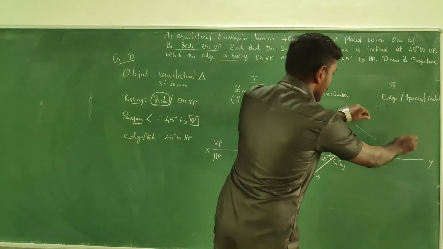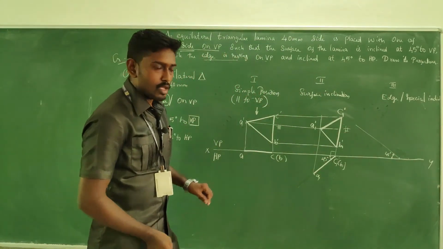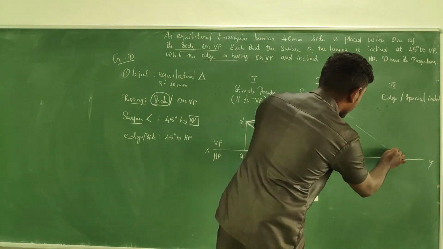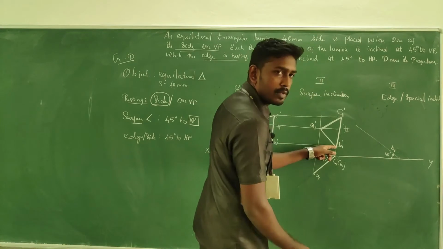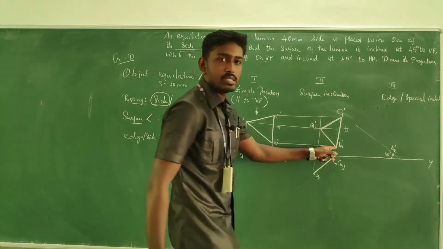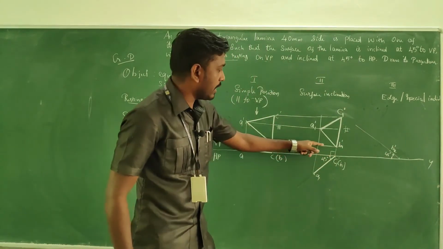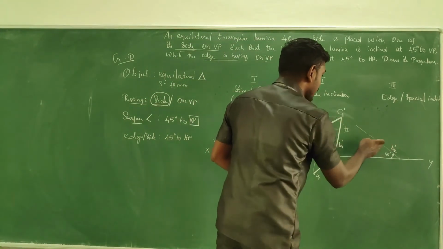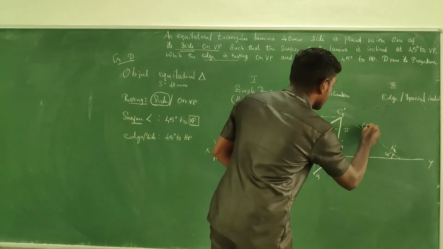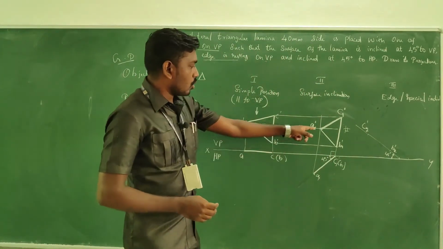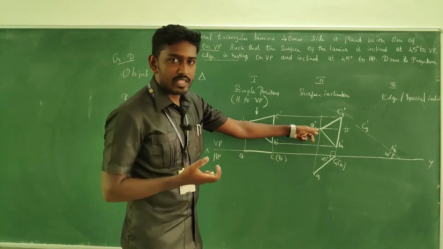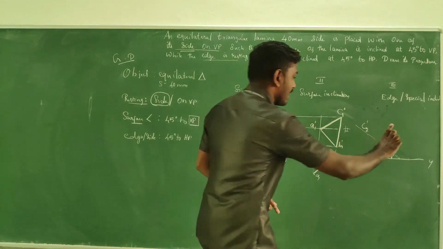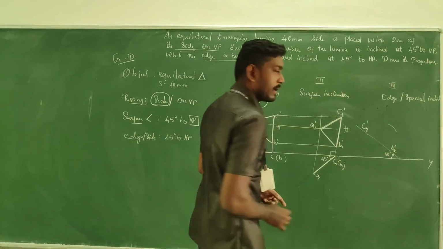We're just going to keep it over the XY line. So for that I'm going to take B point somewhere here. So this makes B1 dash, B2 dash. Next take the measurement of BC, and from this B measure it and take C2 dash. What about the next, A1 dash? By using compass we can take it. From B to A take the measurement in your compass, and from B draw an arc.